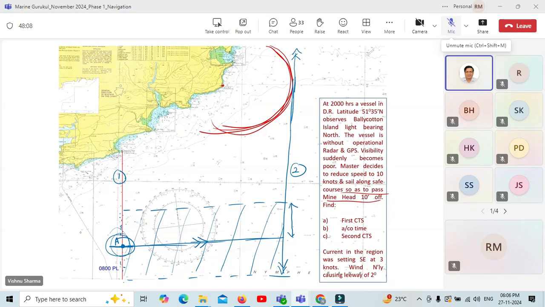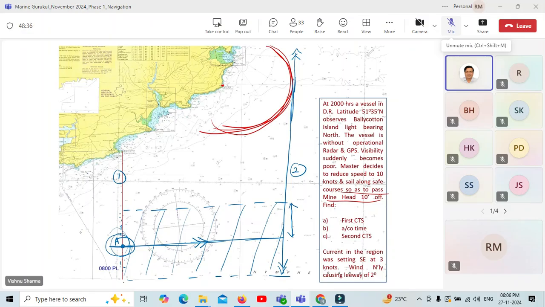So if this is a 2000 hour DR, suppose my last fix was at 1900 hours, then my DR is reasonably reliable. But if my last fix was 5 hours back, then the reliability of the DR also decreases, because the more the interval that passes, the more the possibility of error in the DR.